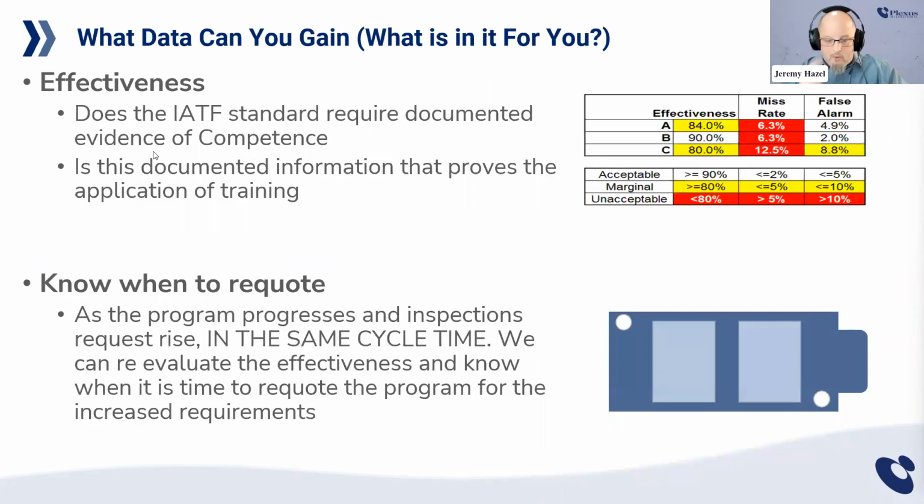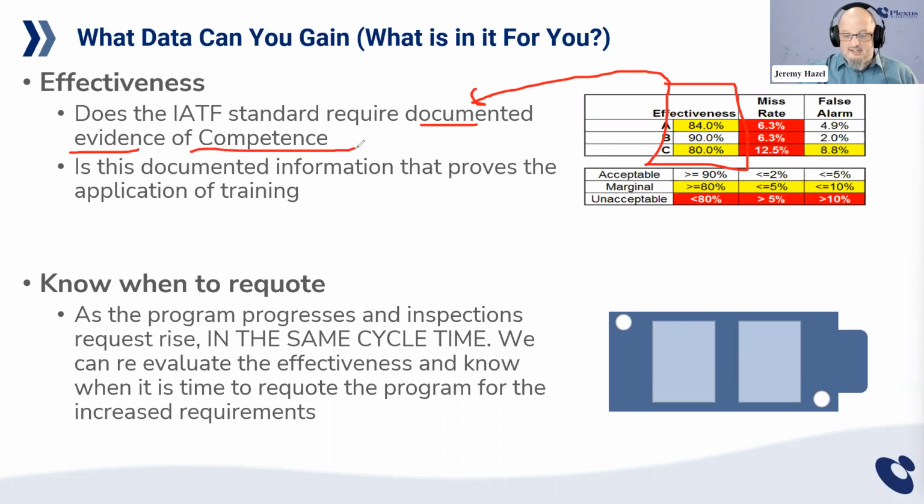Now, when it comes to effectiveness, this is where we start getting a whole lot of work and a whole lot of leverage. Does the IATF require documented evidence of competence for all people doing work that affects the QMS? Yep. Is this effectiveness rating the application of training? Yes, this is the competence of the inspector.